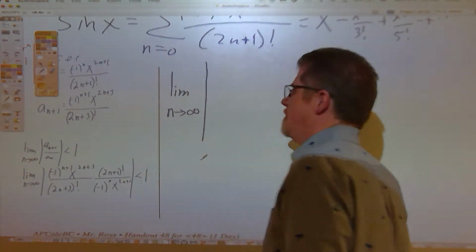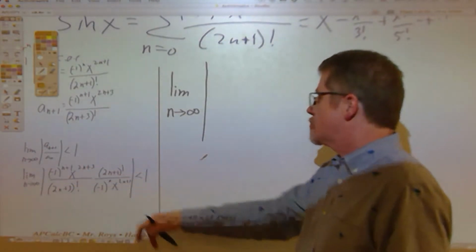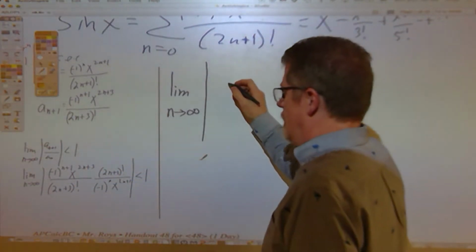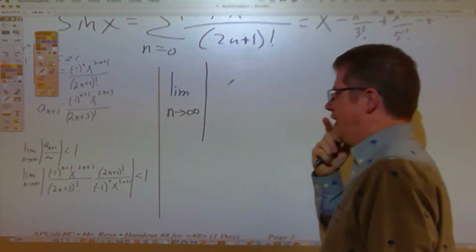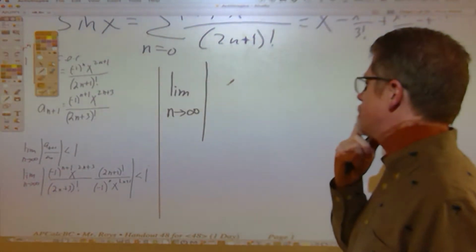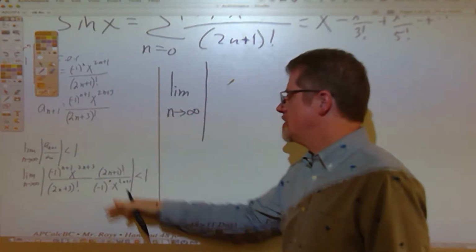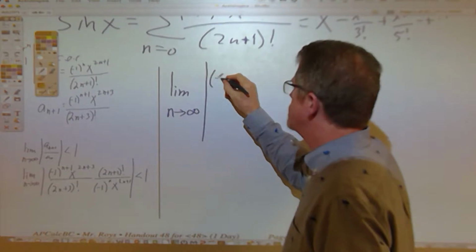All right, let's see how you did. You make some cancellations. X to the 2n plus 3, you subtract the exponents, and you get just x squared. By the way, the negative ones cancel, leaving you with a factor of negative 1 upstairs.